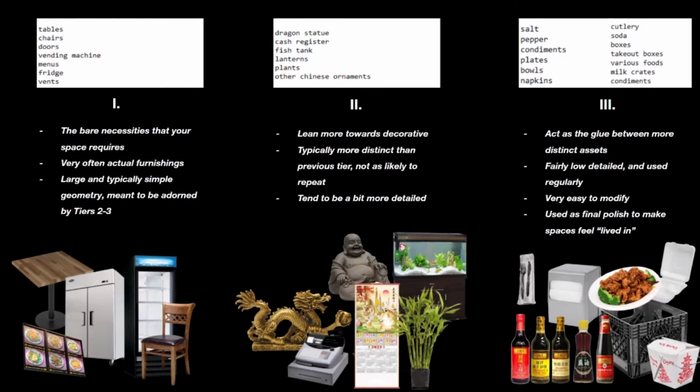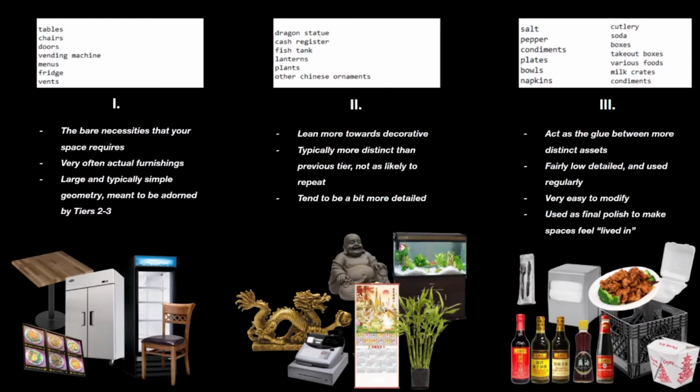They're usually meant to be assets that you would just expect to find all over the place in a setting. In this case, the restaurant. Things like napkin dispensers, condiment bottles, plates, cutlery, milk crates, Chinese delivery boxes, just everything that you would expect to see all over the place that wouldn't look out of place if it was repeated.